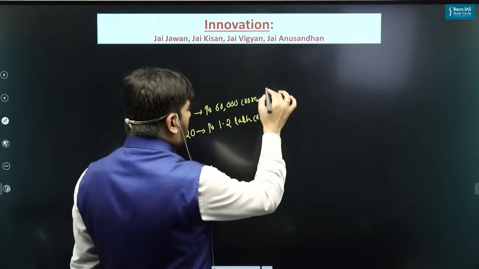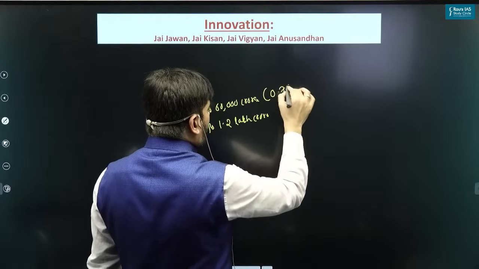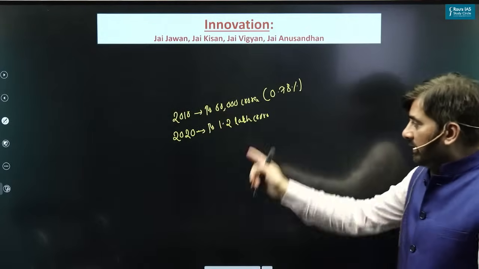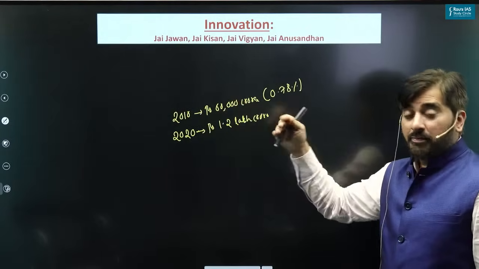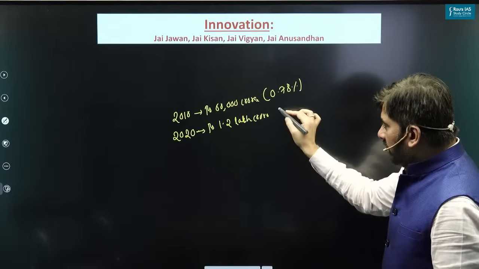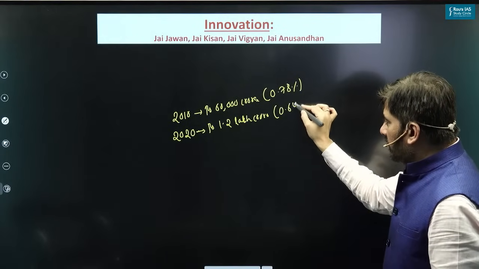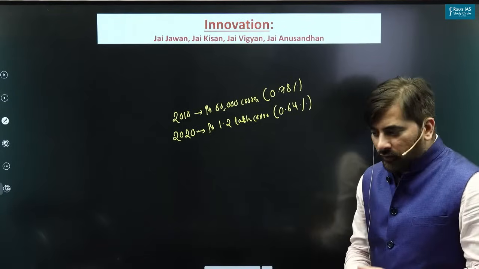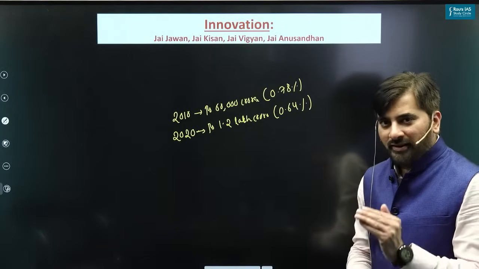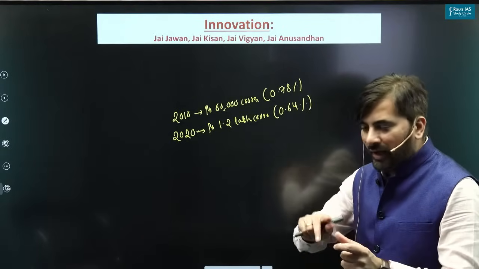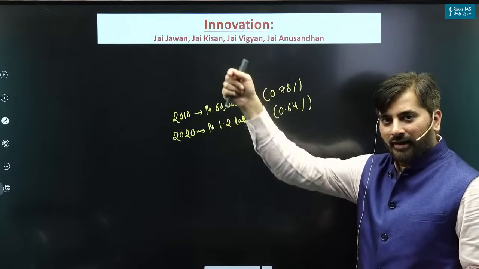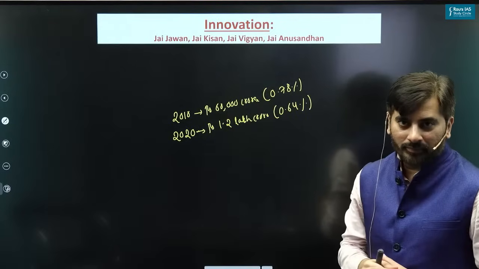For example, it used to be almost around 0.78% of GDP in the year 2010. But in 2020, this has got reduced to 0.64. So the expenditure on research and development in terms of absolute value has doubled, but in terms of percentage of GDP, it has declined in the last 1 decade.